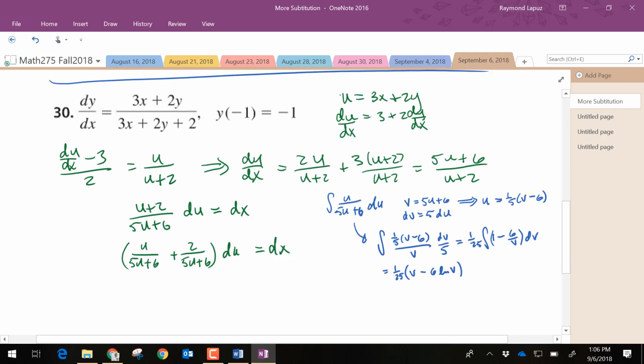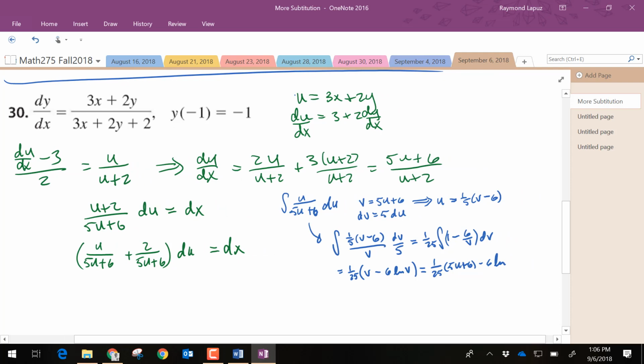And v was equal to 5u plus 6. So 1 over 25 (5u plus 6 minus 6 ln of 5u plus 6). Well, that was long. Is that right? I hope that's right.